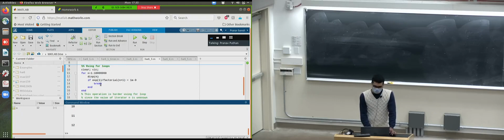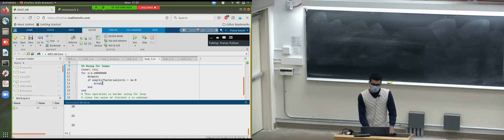So what does the break command do? Break says, okay, now you need to leave the loop. When the code encounters a break command, it just stops the loop, comes outside, and stops all the operation, and n is 12. n does not go until 10 to the power 7.